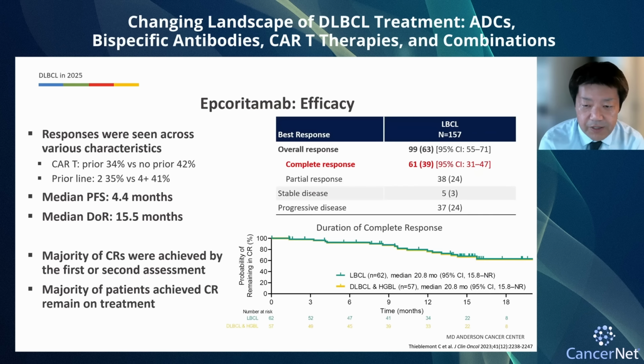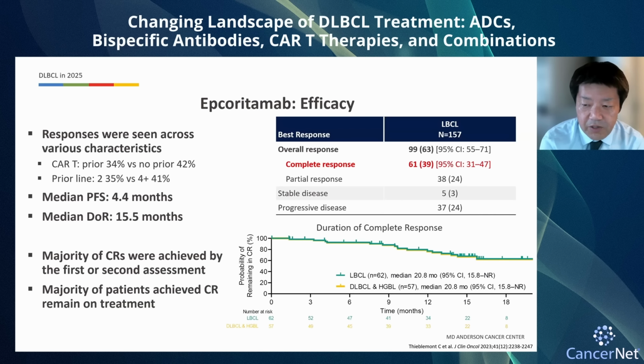Epcoritamab was also evaluated in a phase 2 trial, which demonstrated an overall response rate of 60% and a complete response rate of around 40%. The key difference between epcoritamab and glofitamab lies in their route of administration and schedule.